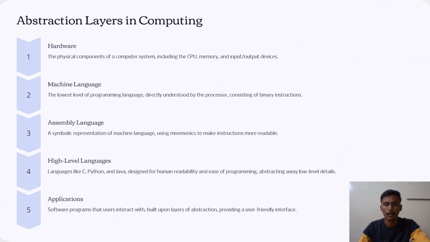Assembly language, a symbolic representation of machine language using mnemonics to make instructions more readable. High level languages, languages like C, Python, and Java, designed for human readability and ease of programming; abstraction allows low level details to be hidden. Applications, software programs that users interact with, built upon layers of abstraction, providing a user friendly interface.